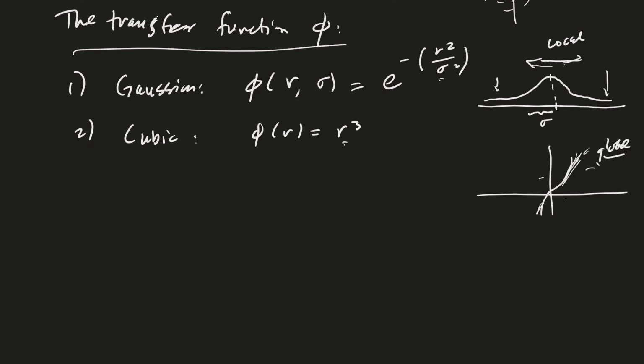And so, of course, the problem with the cubic is that it can become unbounded on you, or at least very large or very negative. But I have not found that's a big problem, because our RBFs are centered at different places, and so you don't have to worry about the cubic function getting unbounded in a very large region.